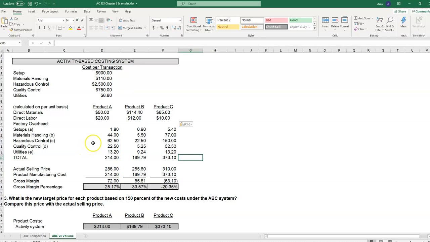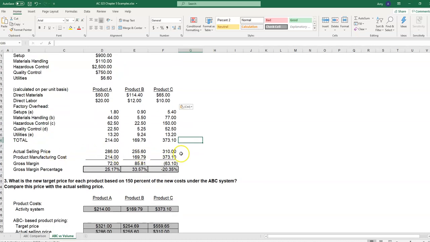So now when we look at an activity-based costing system, we have our actual current selling price, our new product manufacturing cost under the activity-based costing, and our gross margin percentage under activity-based costing. So under activity-based costing, we would be losing money on product C, but we would increase the amount of gross margin that we are gaining on product A and product B.